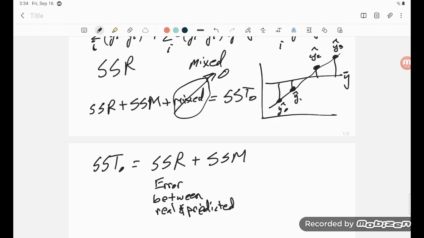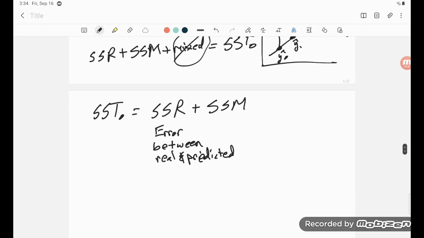And so then the r squared, if I divide everything by sum of squares total, you see you get sum of squares residual. So this is again the error between the real and predicted values.